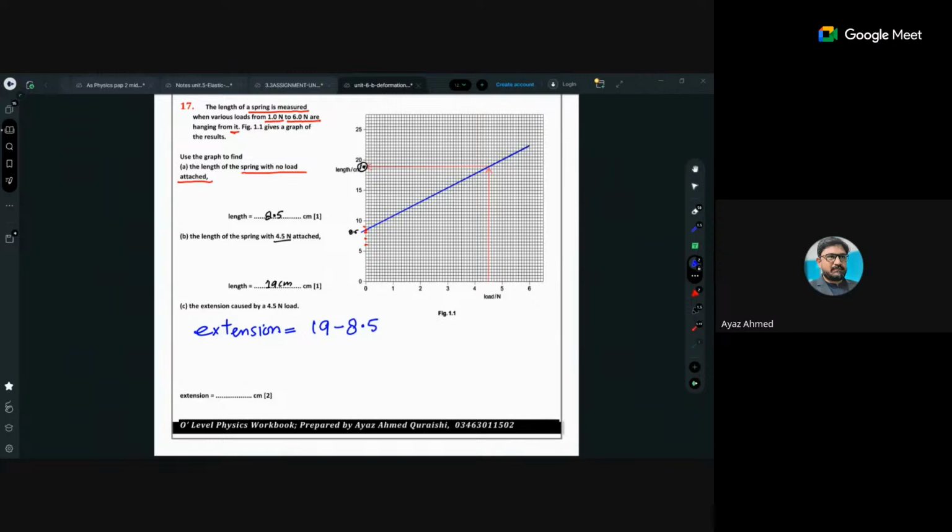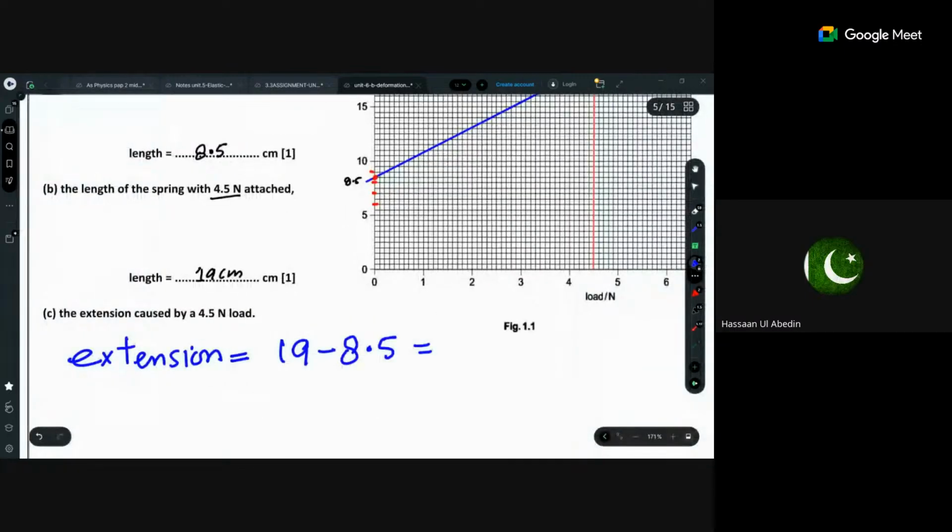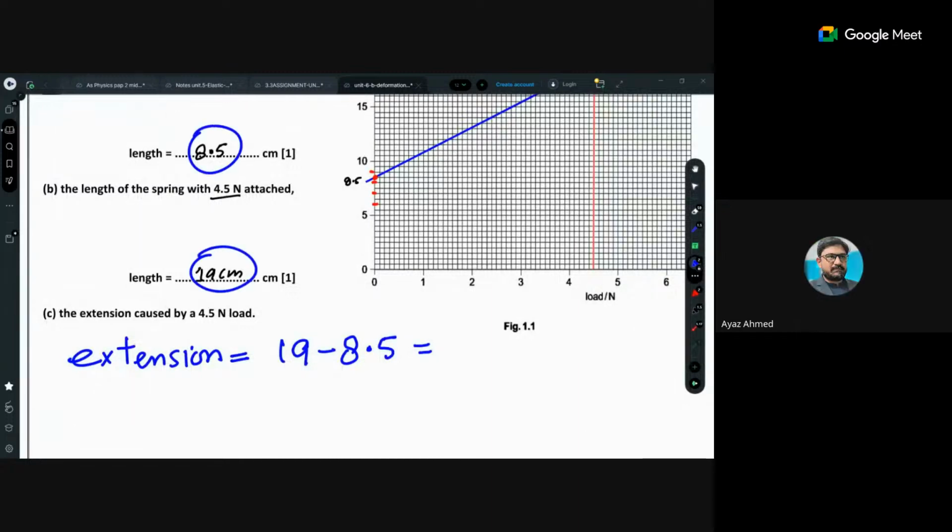No sir, 8.5. Yeah, 19 minus 8.5. Yeah, agreed. 10.5. 10.5 centimeter.